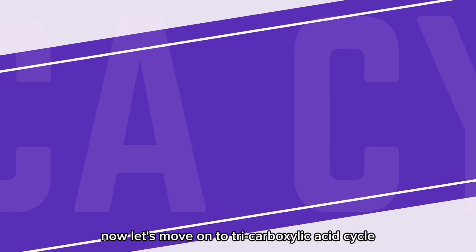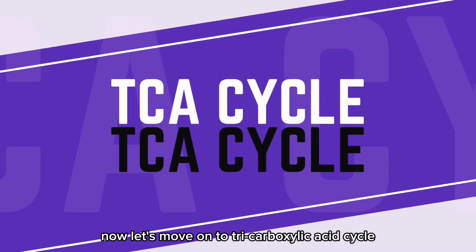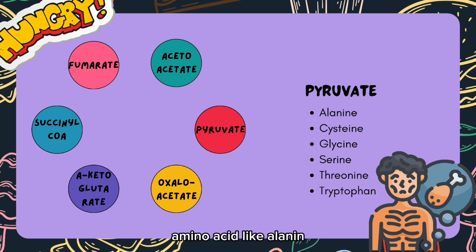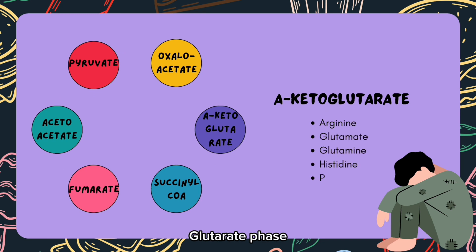Now, let's move on to tricarboxylic acid cycle. Starting our journey at pyruvate, amino acid like alanine, cysteine, glycine, serine, threonine, and tryptophan actively contribute to its formation. Next up is the alpha-ketoglutarate phase. Here, arginine, glutamate, glutamine, histidine, and proline are found.